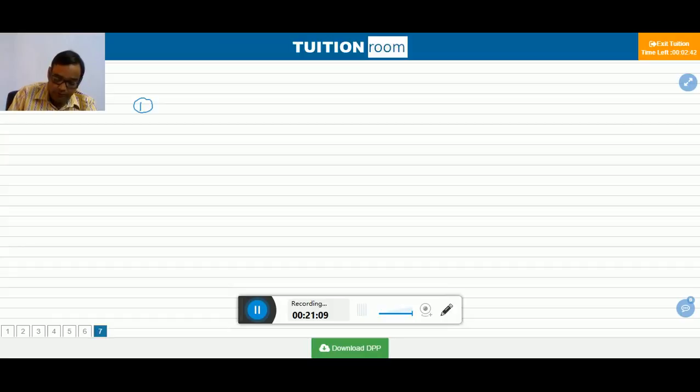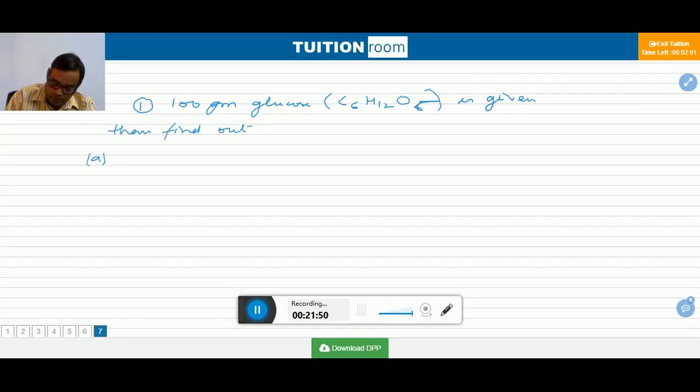First question. 100 gram glucose, C6H12O6, is given. Then find out A part, mole of glucose.